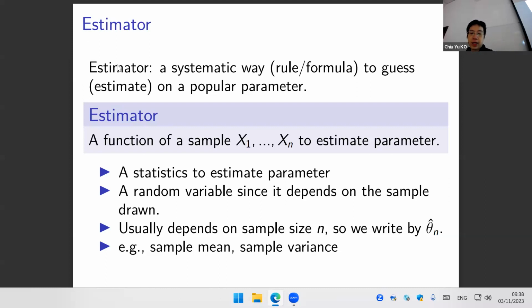Okay, and for the sample mean, you probably will see the parallel between the calculation formula of population mean and sample mean. That is a coincidence. In general, the way you calculate an estimator is different from the way you calculate the population parameter, right?